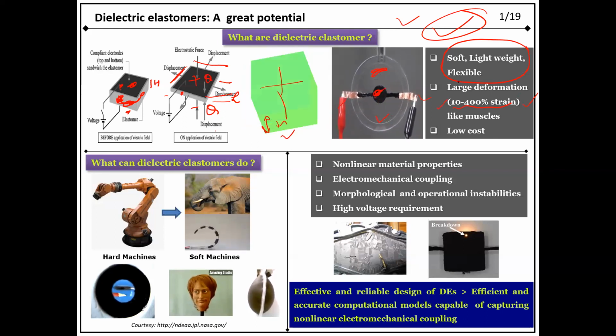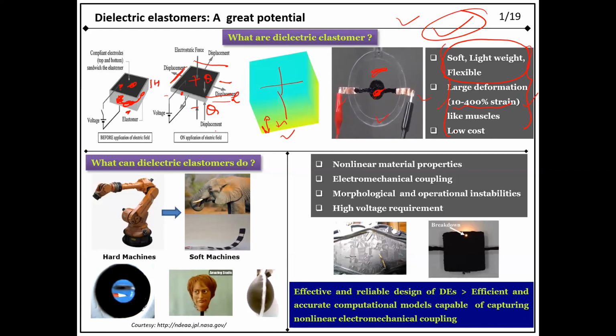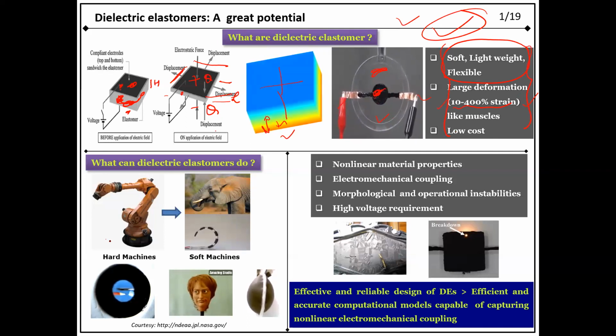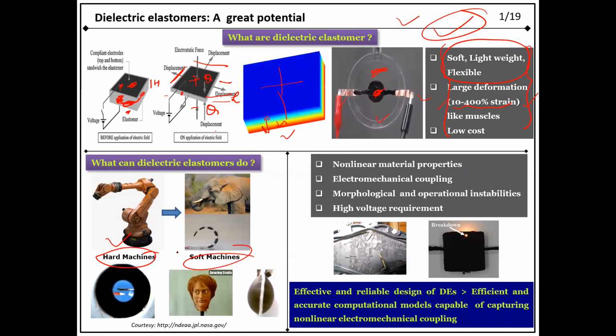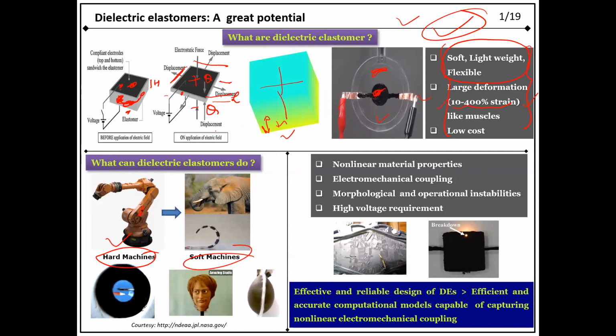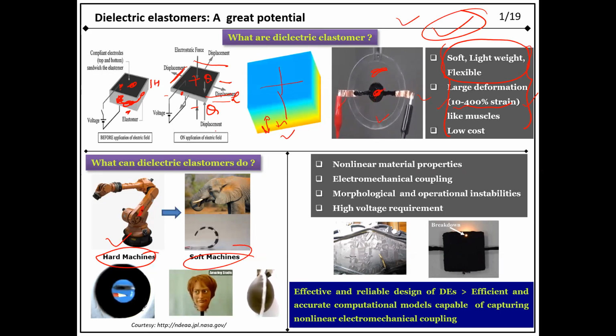Because of these characteristics, these kinds of elastomers have replaced, or are replacing, hard machines with soft machines, bio-inspired soft machines. This one is a robot, and we can utilize it, let's say, for gripping something.